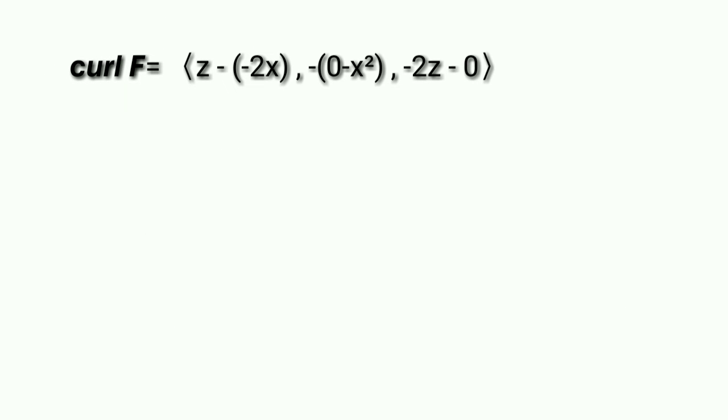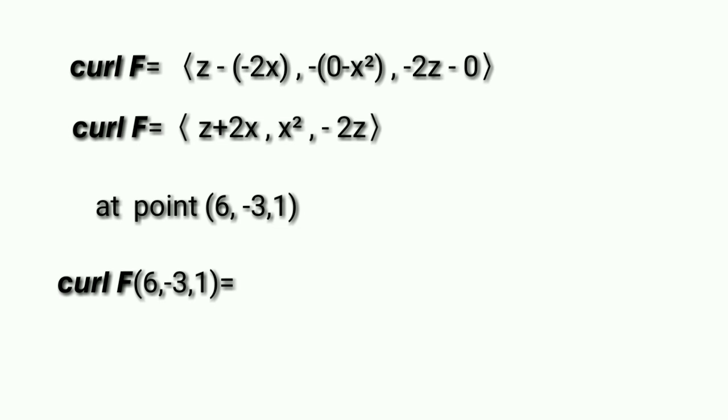Let's simplify the equation. So we'll have z plus 2x, positive x squared, and negative 2z. So notice that the curl of a vector field f is another vector field. Now, we want to determine the curl at the point (6, negative 3, 1). So, the x component will be z plus 2x.